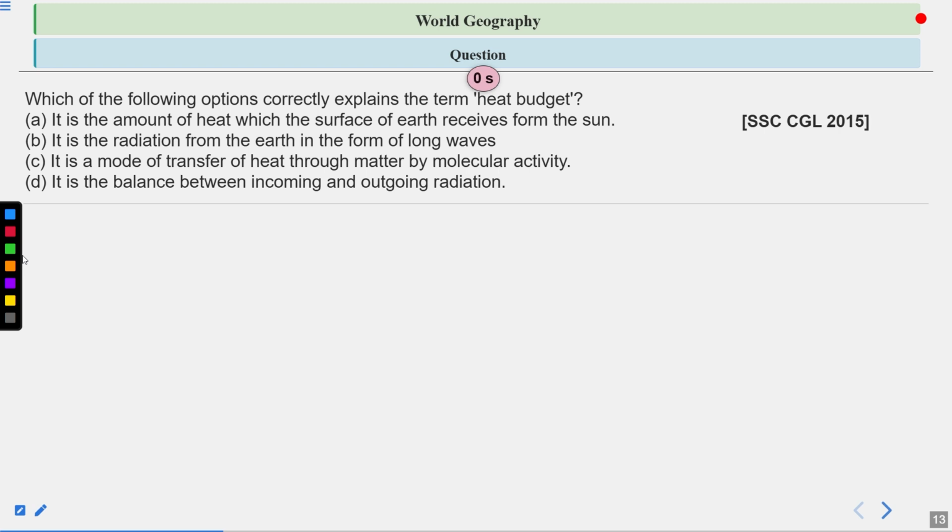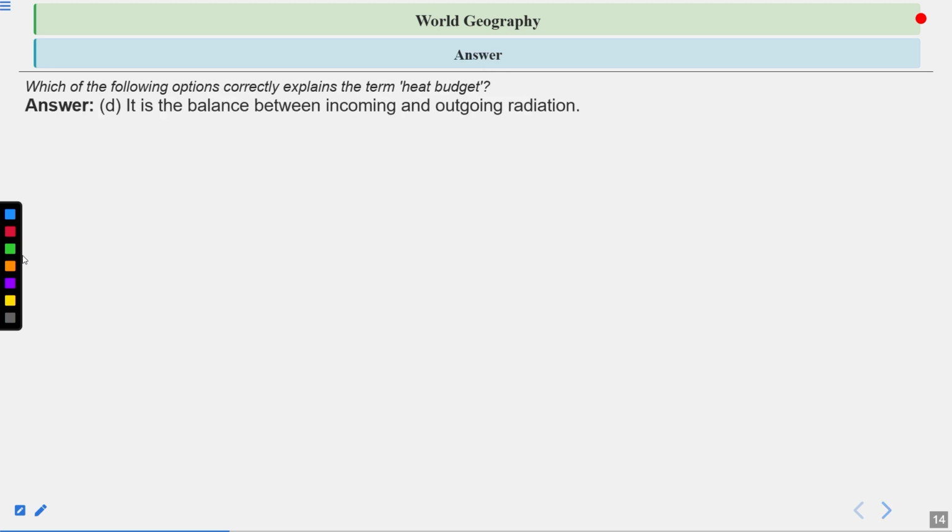If we talk about the correct explanation of heat budget, then the answer will be D option. It is the balance between the incoming and outgoing radiation.